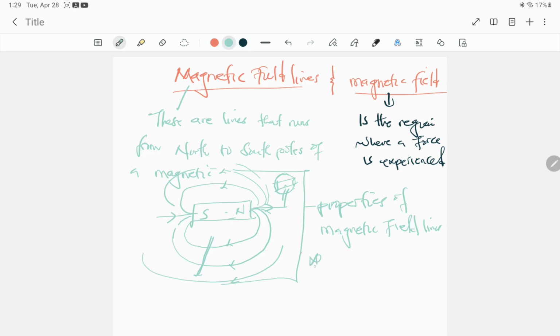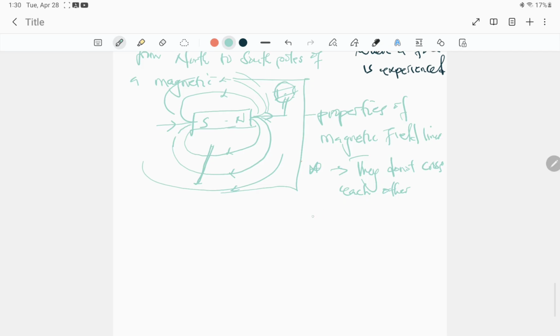Number one, the common one is that they do not cross each other. Then the other one is they run from north to south.